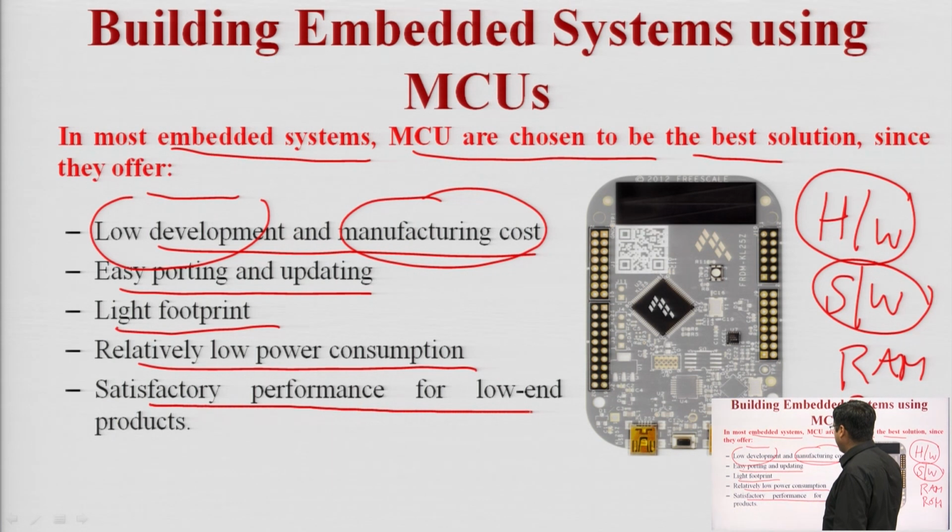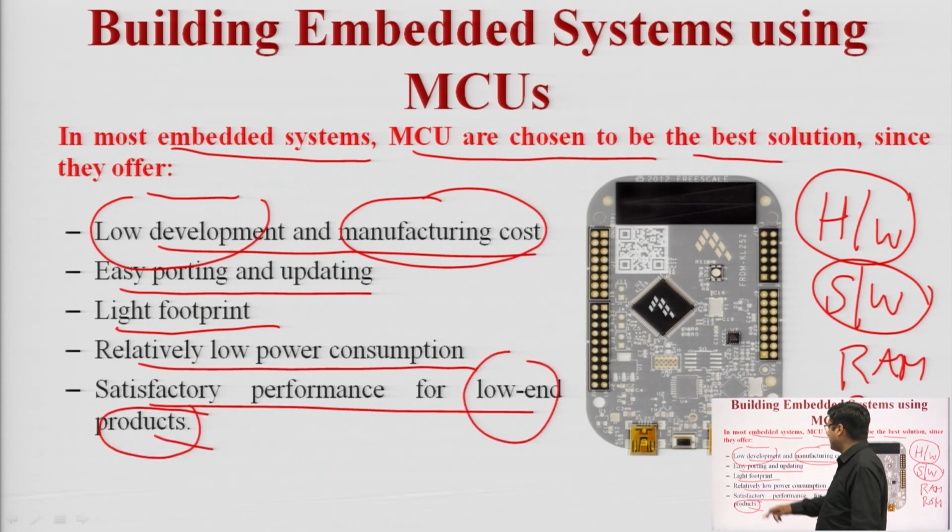Satisfactory performance for low end products. What is the meaning of low end products? Low end products are those which provide low cost, more reliability, and less power consumption in our final product. So, the end product we are launching into the market has a low cost and more features as compared to other systems.